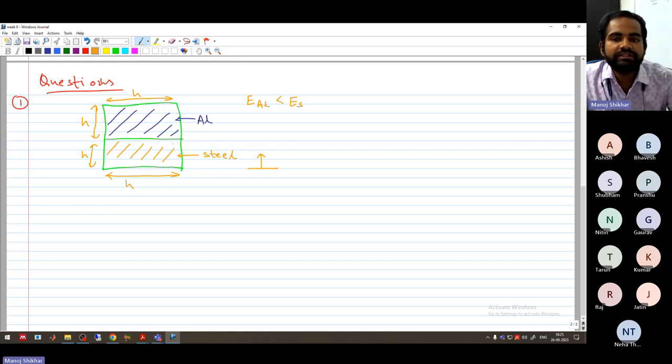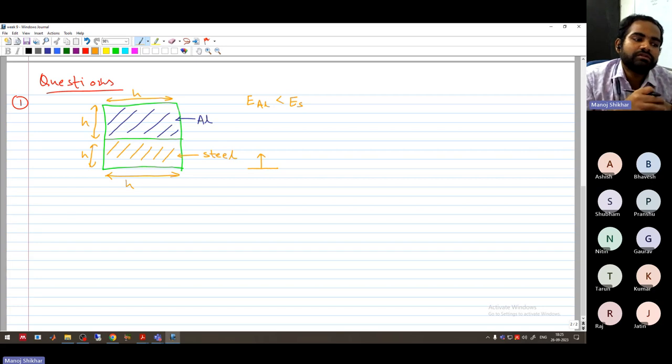So what steps should we take? If you remember from the class, we set total axial force equal to 0. And from there, we were able to find the value, the location where our neutral axis will lie.